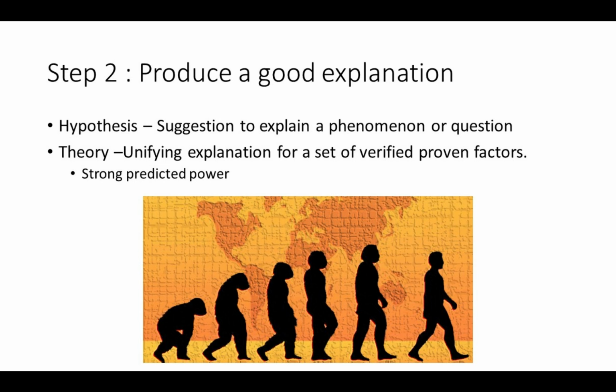Now, how exactly does a hypothesis eventually become a theory or a law? Well, a theory is a unifying explanation of a set of verified, proven facts. It's kind of weirdly put, but let me give you an example. Imagine this. How do we turn 2.5 feet into a theory?